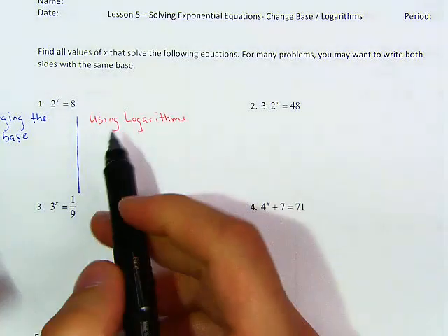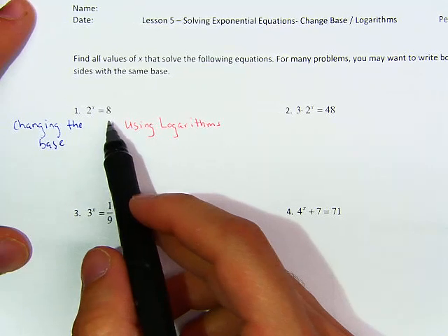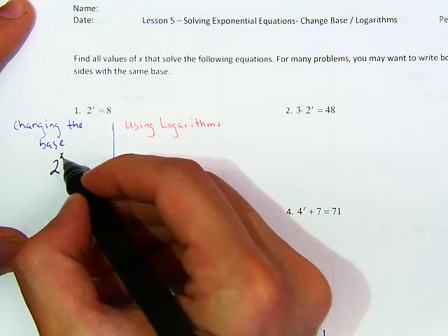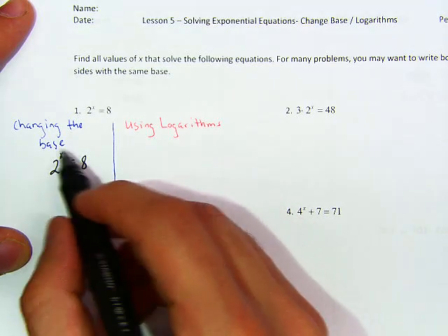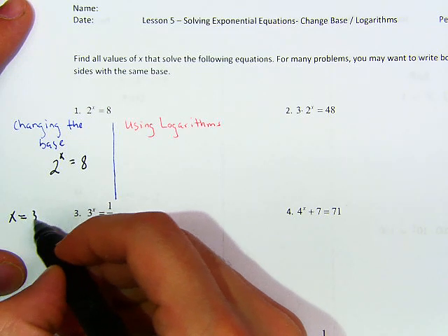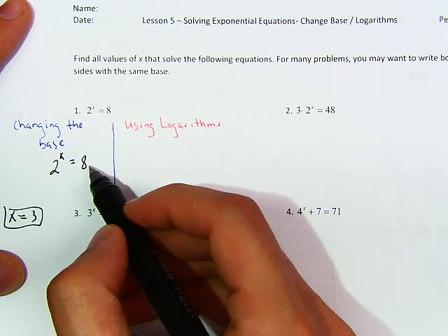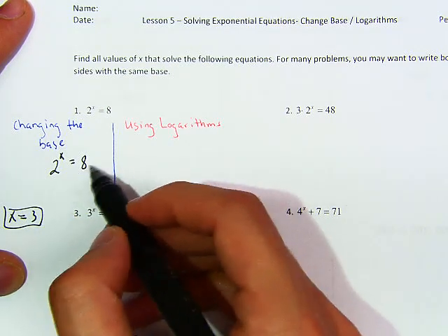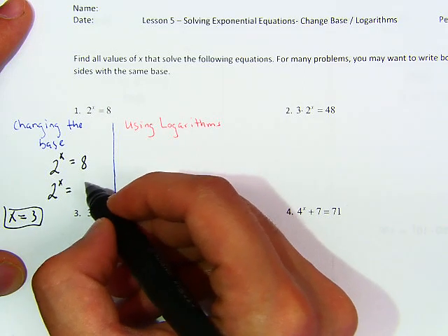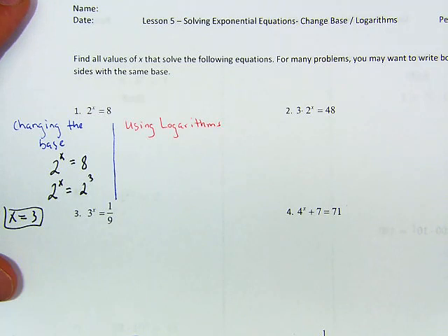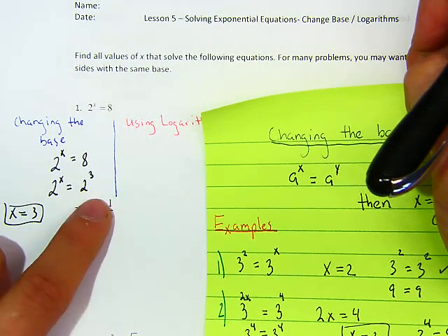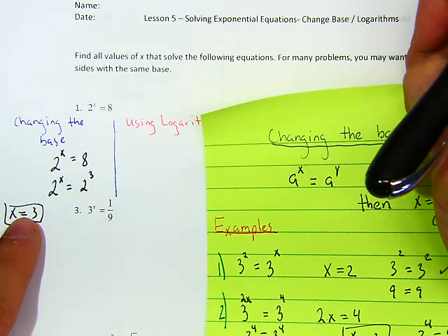If we have 2 to the x is equal to 8, to solve for this, the answer is x equals 3. It's very obvious because 2 to what power is 8? It's 3. But look what you could do. You could say 2 to the x is equal to 8 is equal to 2 to the 3. And here we're using the property that because the bases are the same, x has to equal 3. Okay?